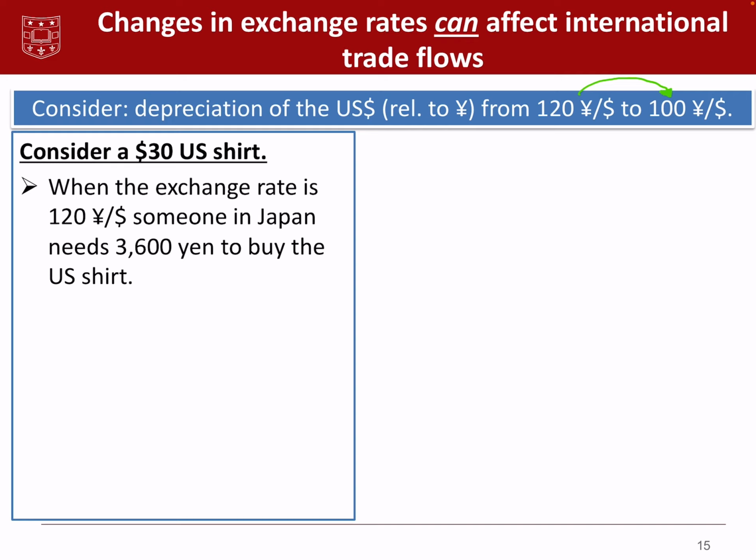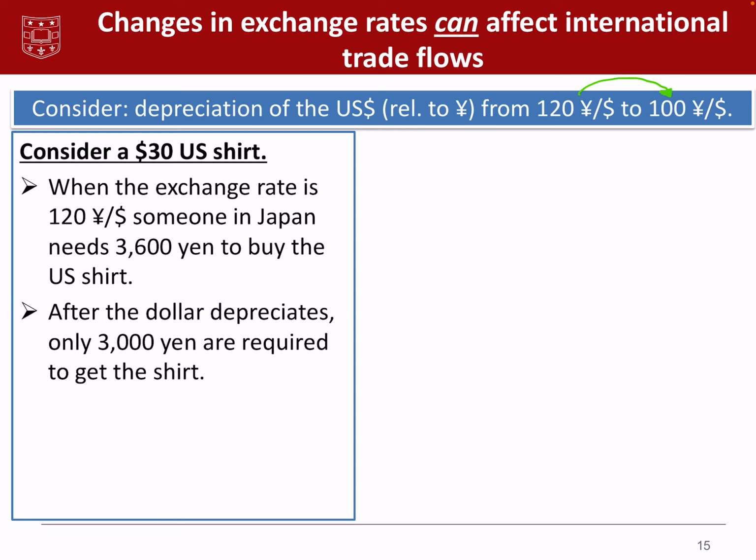We saw in our earlier example that if we had a US shirt that had a price of $30, when the exchange rate is 120 yen per dollar, the yen price of that US shirt is 3,600 yen. What happens now? Well, if we wanted to think about the consequences of the depreciation of the dollar, we could recognize that after the dollar depreciates, the yen price of this shirt is going to fall.